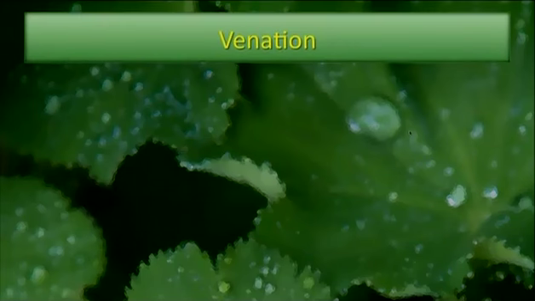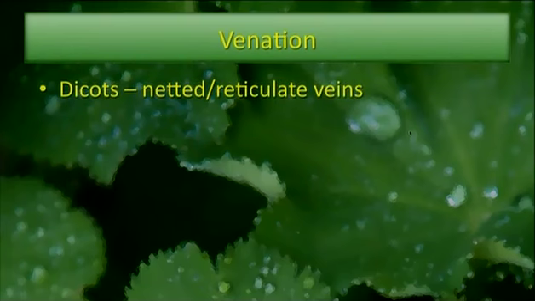Now we have different kinds of venation. We talked about this just a little while ago. But dicots, remember dicots, they have differences from monocots, right? So dicots have 2 cotyledons when the seed is germinating, right? When the roots develop from the seed, they develop a taproot system, right? And also in the stem, the vascular bundles in the stem are arranged in a circular pattern or in a ring around the periphery of the stem. And then now we find out that dicots have netted or reticulate veins.